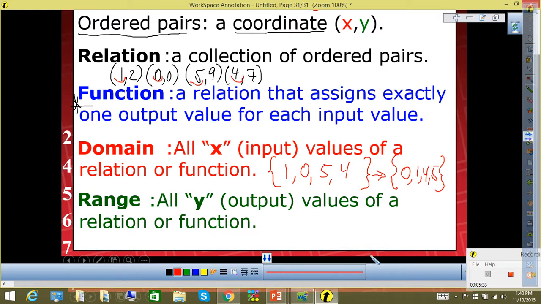Copy that. So if that's the domain, what would be the range? Kiana. 2, 0, 9, 7, and then you would do what? Which is?